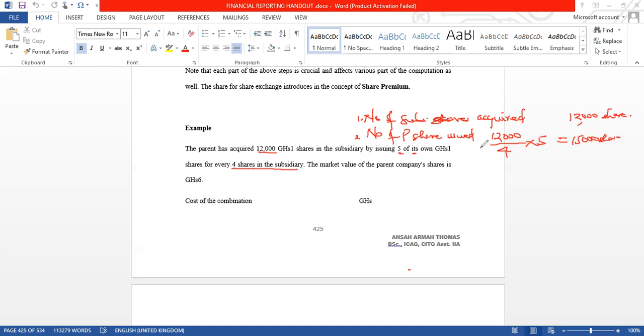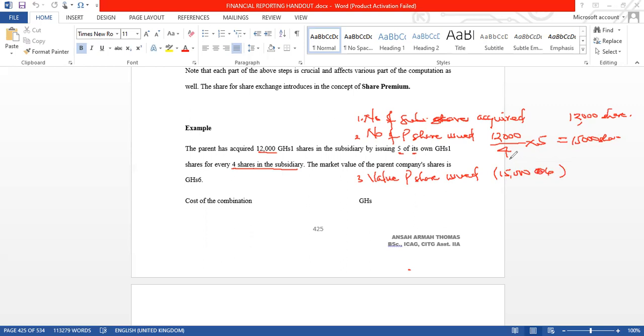Now, what is the value of this P share? Step 3: value of P share. The value of P shares will now be the 15,000, which is at the market value, 6.